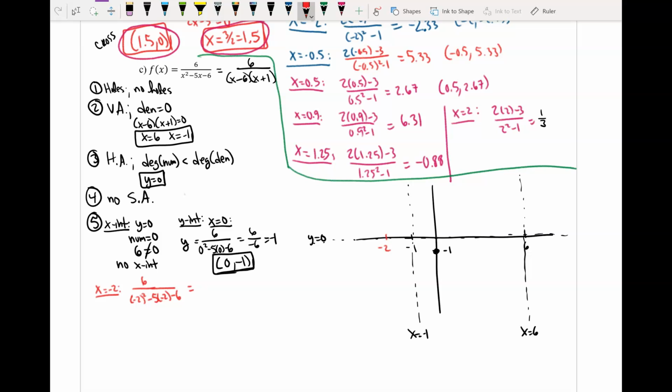I'm going to go into my calculator: that's 4 plus 10 minus 6. That's going to give me about 3/4. So that's a positive, which is about right here. Because we know that it doesn't cross the x-axis, we can say that the top piece from this side is going to look something like this.